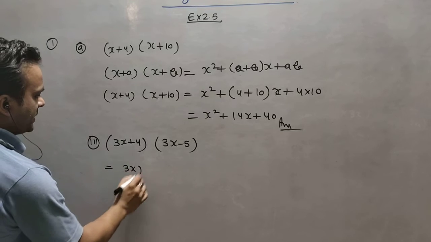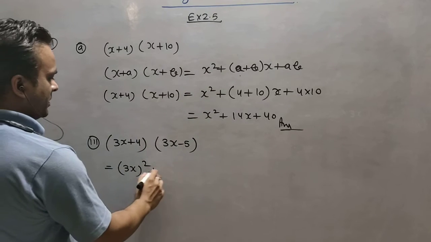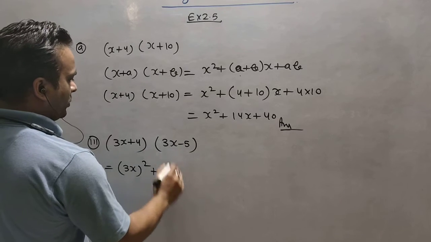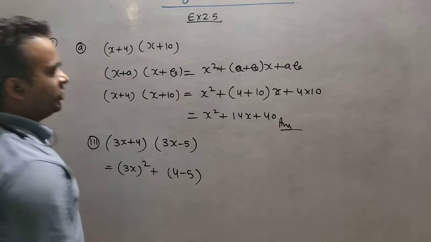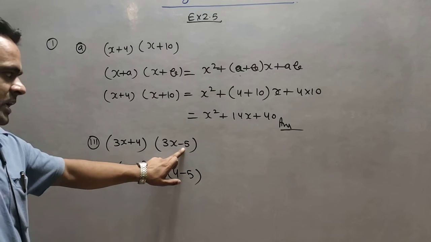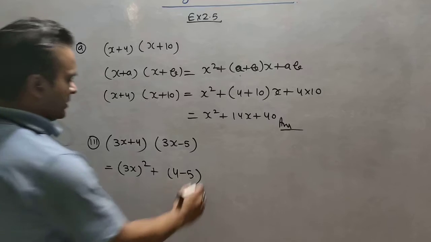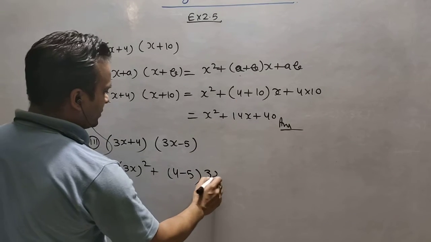So what we will do, same identity, but we have to replace x also again in this case. So it will be 3x whole square. In place of x we will put here 3x plus 4 and minus 5. Why I am putting here minus 5? Because b is in minus. We have to take the value of b or a with their sign. And in place of x what we will put here? 3x.